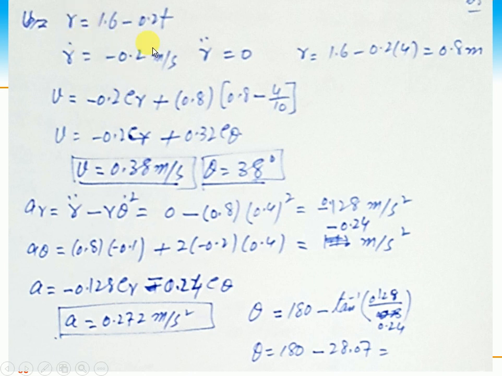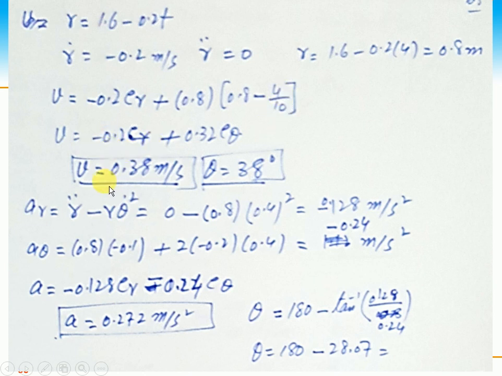Now take the derivative to get r dot, which is minus 0.2 meter per second, and of course we put the value of t is equal to 4. We get r as 0.8, and of course r double dot is 0. So v is equal to r dot, which is minus 0.2 e_r, plus r theta dot, with theta dot 0.8 minus 4 by 10, because t is equal to 4 seconds.